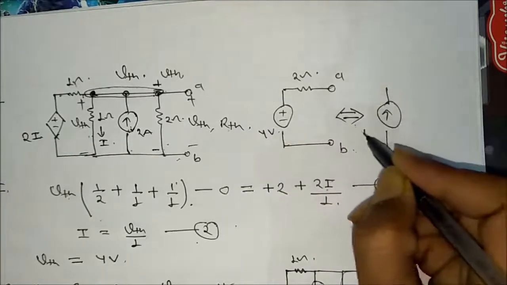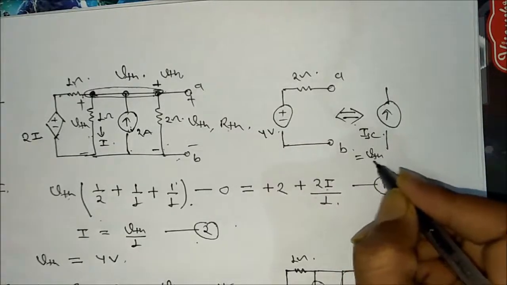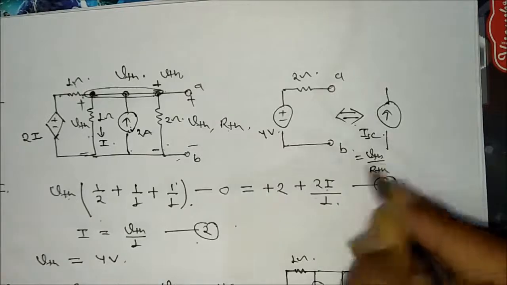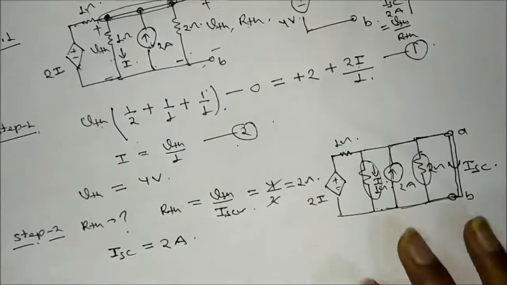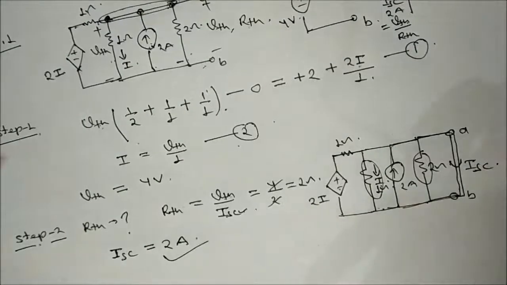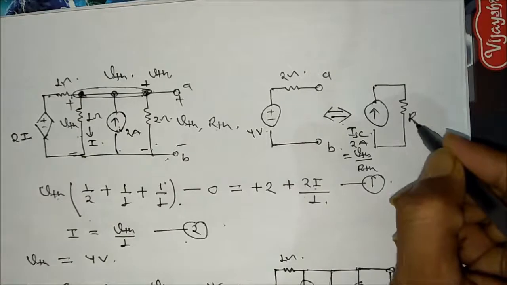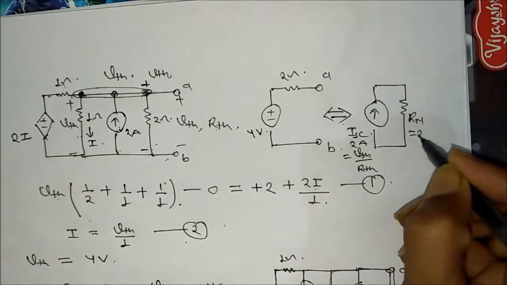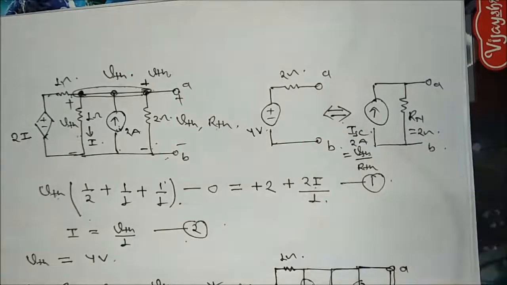This is ISC. ISC will be VTH divided by RTH. VTH is 4 divided by 2, that is equal to 2 ampere. And already I have also calculated this ISC equal to 2 ampere. This one is RN. RN is equal to RTH. This is 2 ohm, and this terminal is AB.